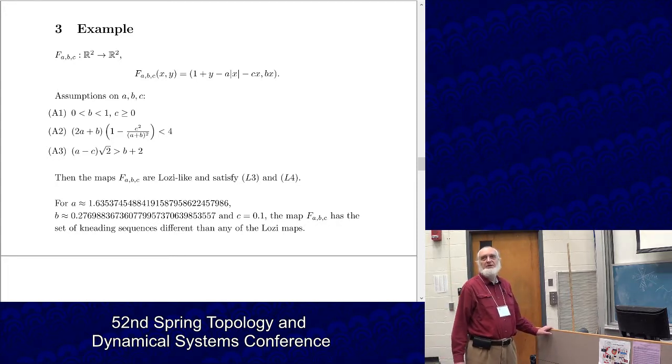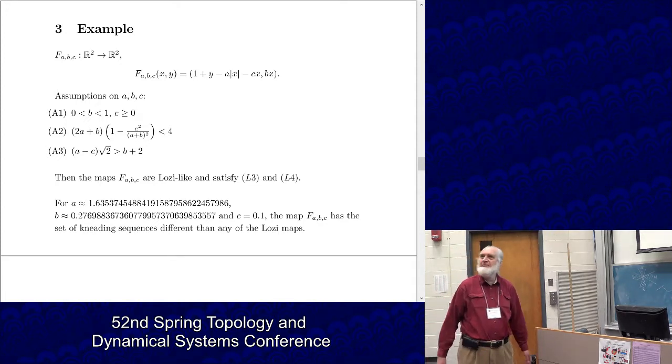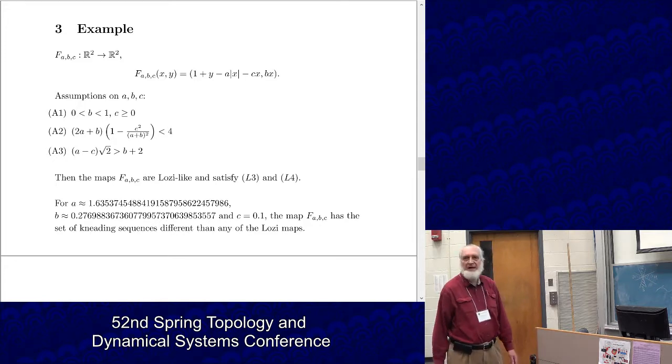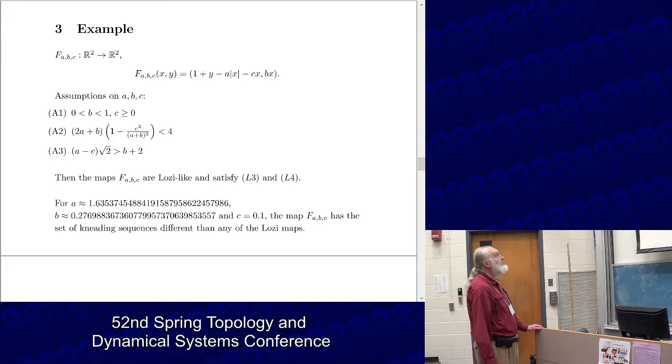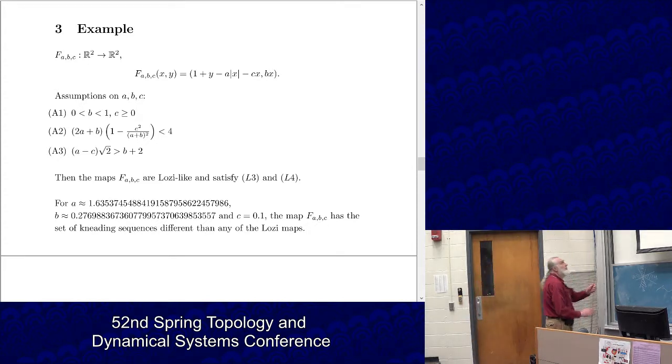Okay, so we try to check it, so we try to find some lossy-like map which looks different from any lossy map. So we modify the formula by subtracting Cx here. So for C equals 0, this will be just the lossy map.